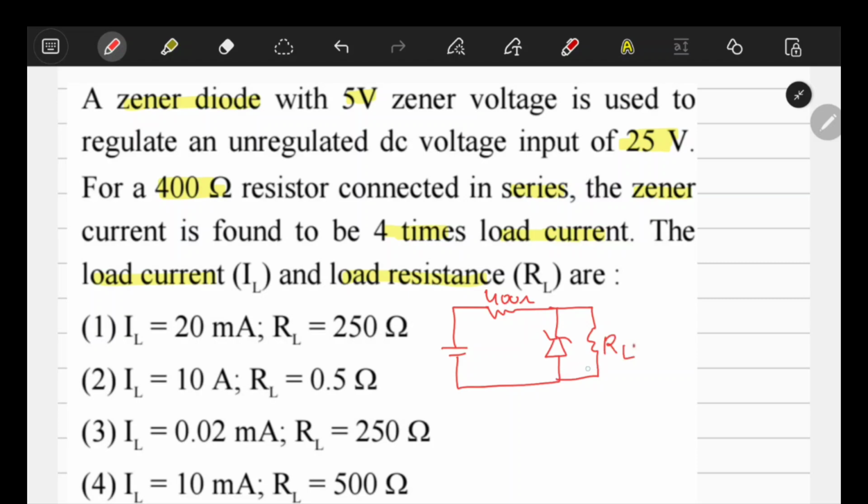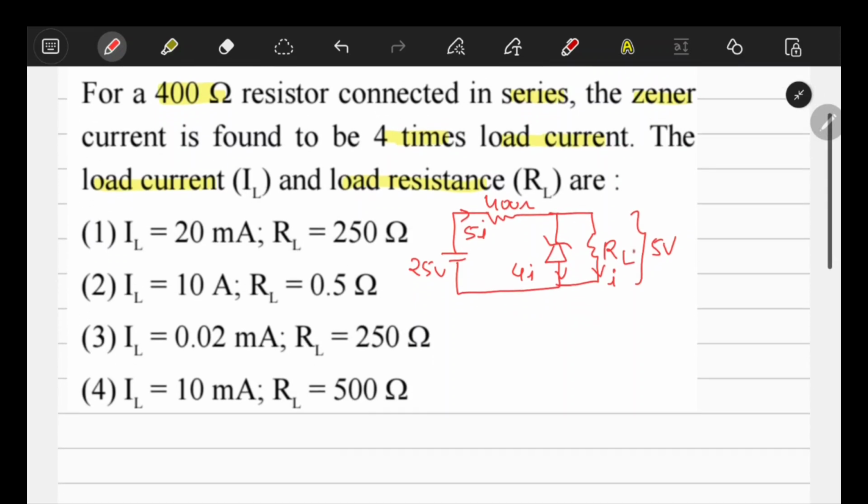The question is saying that if the current in this load resistance is I, then the current across this Zener diode is 4 times of that, that is 4I. And if it is 4I and this is I, then the total current should be 5I. Now it is mentioned in the question that 5 volt should be the voltage across the load resistance in order to get regulated supply.